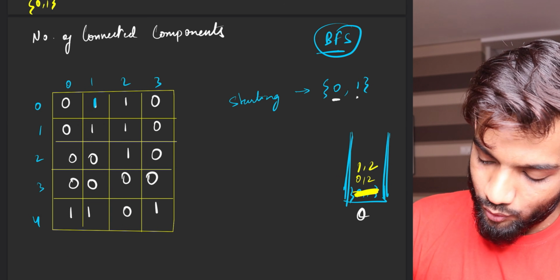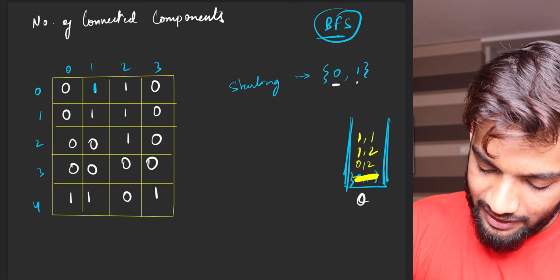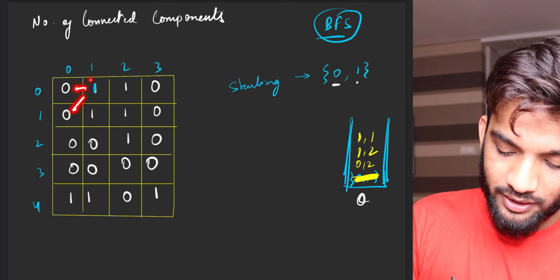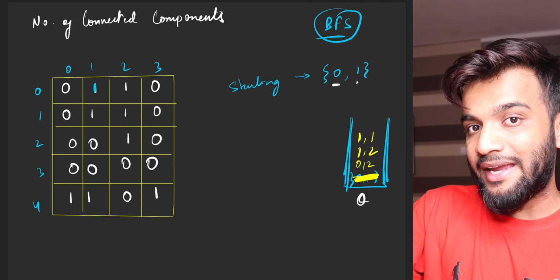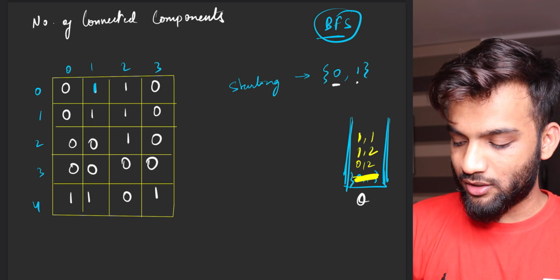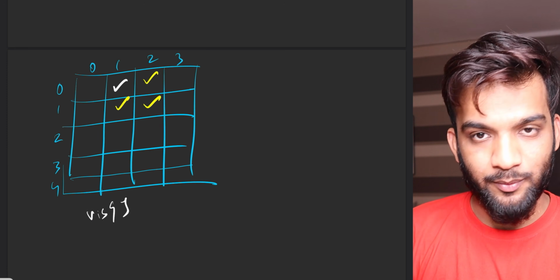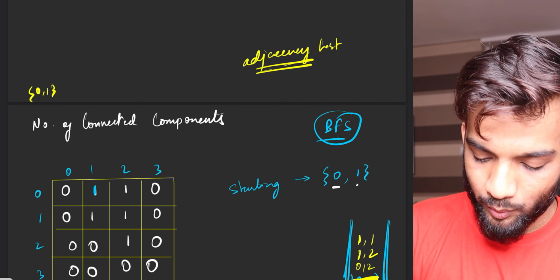Yes. That's on row 1, column 1. Mark it. Next. Does it have it here? No. It's water. Does it have it here? No. It's water. Does it have it here? Invalid. Over. So I checked all the 8 boundaries and I got 3 guys who were land. Take them and we are done for the first traversal.